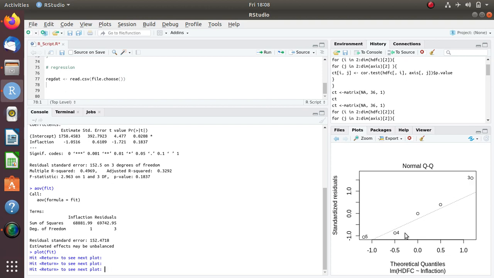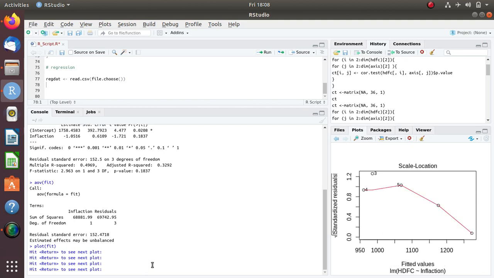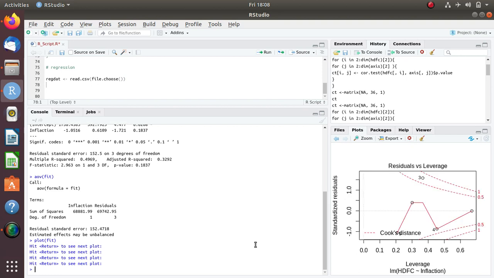Here you see there are 3 culprits in your data, that is 5, 4 and 3. Now let us again press last time, and this is the scale location, and this is the final plot, the fourth plot, residual versus leverage. This is called leverage plot. Okay, it takes quite a lot of time.